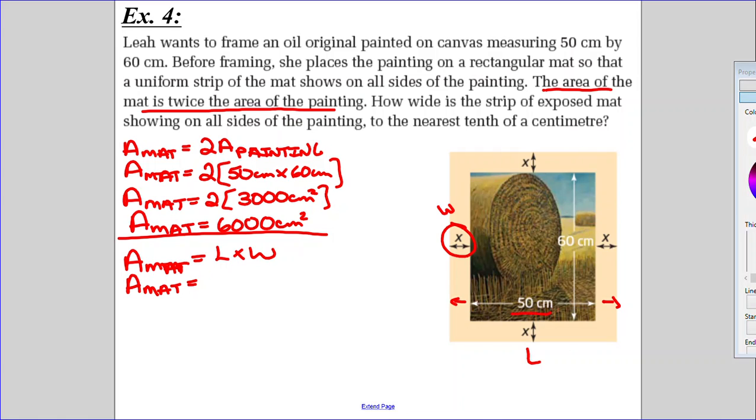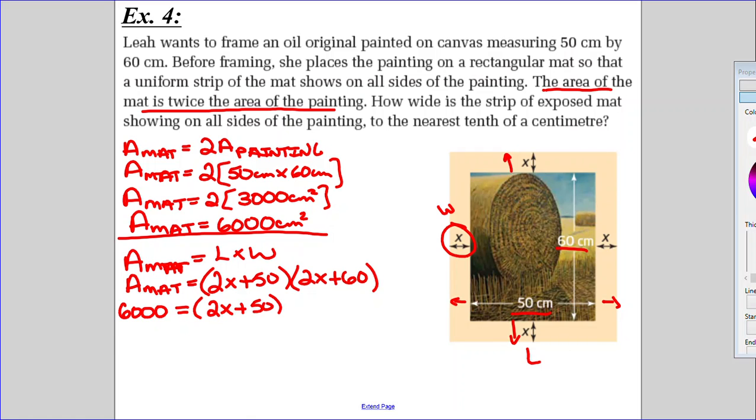So 2x plus 50 could be a length. Using similar logic, 2x plus 60 would be my width. I know the area of the mat to be 6,000 square centimeters. So 6,000 square centimeters is 2x plus 50 times 2x plus 60.